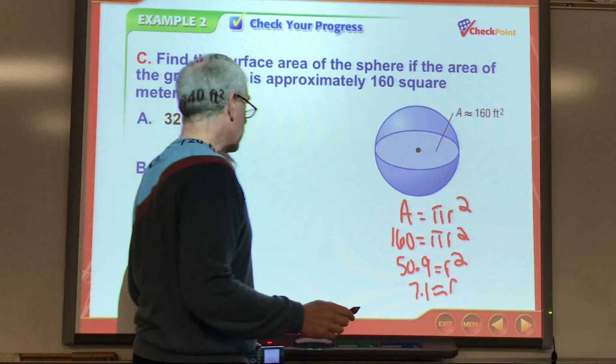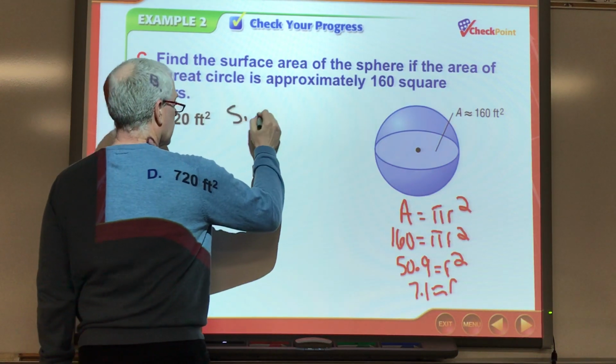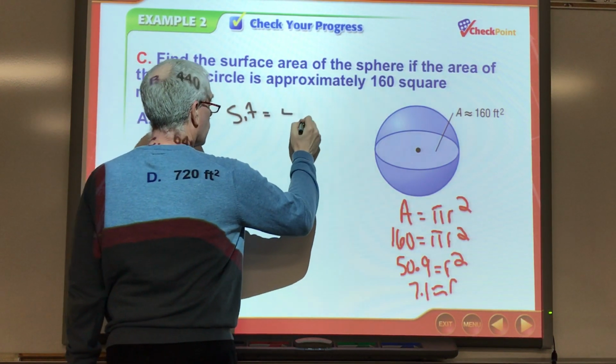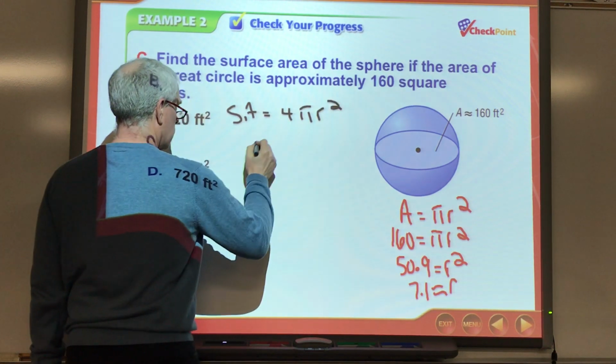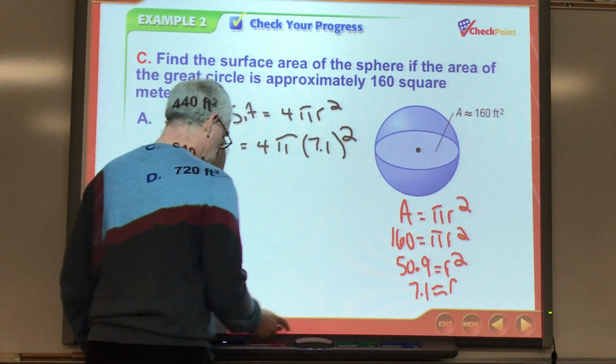Okay, now keeping that in mind, our surface area again was 4 pi r squared. We're going to use that 7.1 this time.